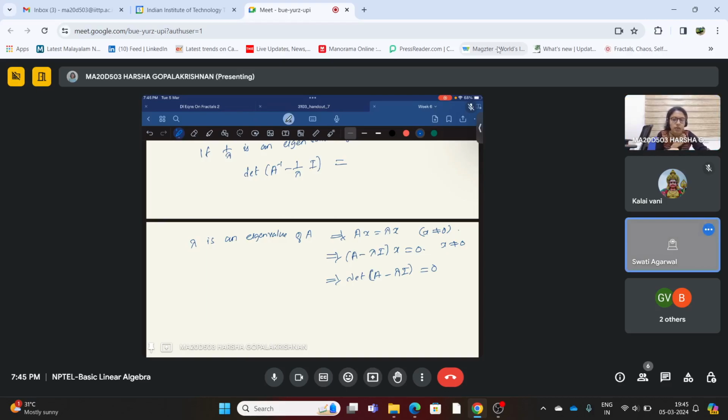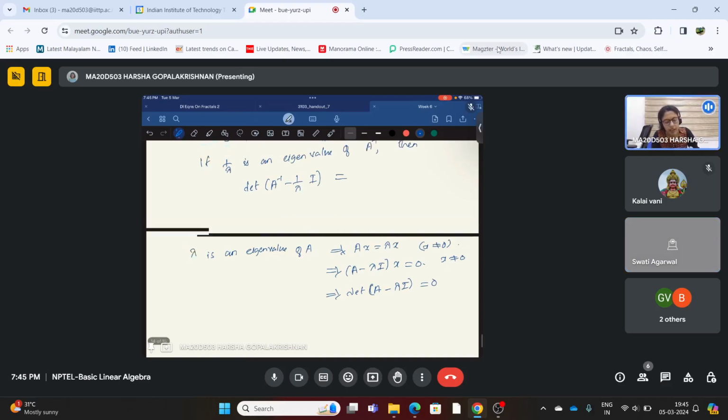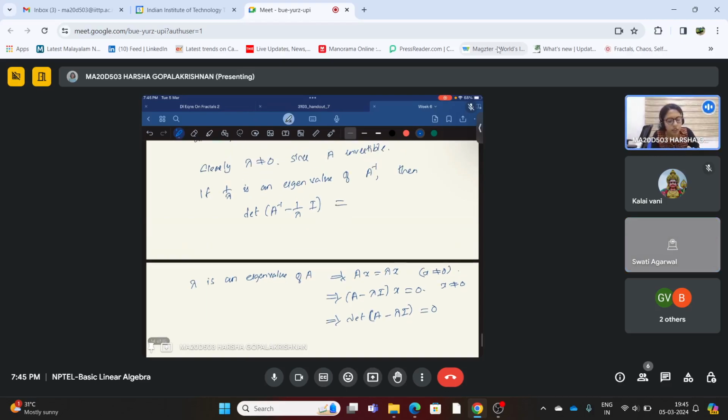Okay. So in the same way, if 1 by lambda is an eigenvalue of A inverse, what should be the determinant of A inverse minus 1 by lambda I? If it is an eigenvalue, then it should be 0.